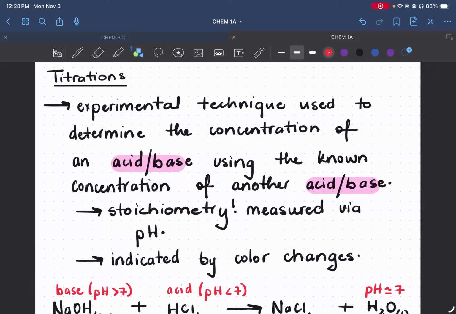A titration, as you will perform again today, is an experimental technique that's used to determine the concentration of an acid or a base using the known concentration of another. As you all saw with some of your calculations, this really follows stoichiometry. Something else that is included in titrations is pH changes, which is indicated via color change.